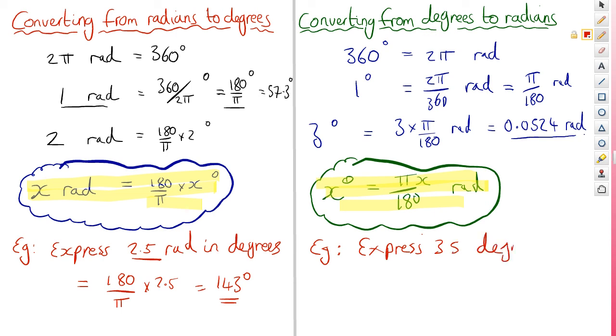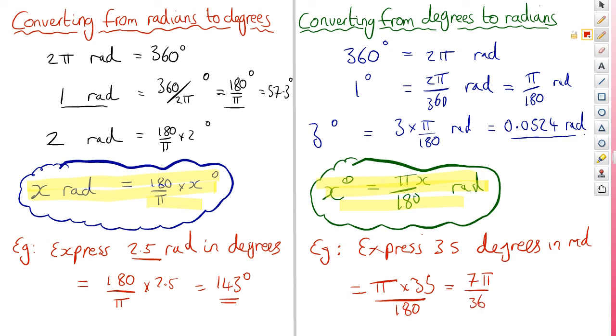Well, we just chuck it in and see what happens. That is equal to pi times 35 divided by 180. If you put that in your calculator, your calculator will probably come up with 7 pi over 36, because it likes to keep it in an exact form. That's fine.